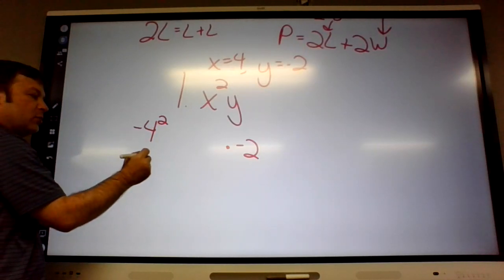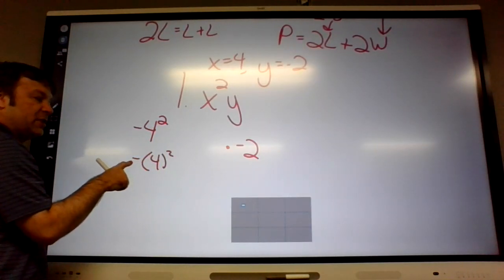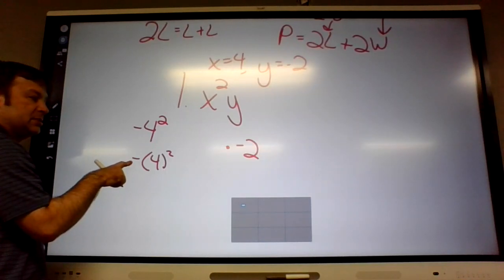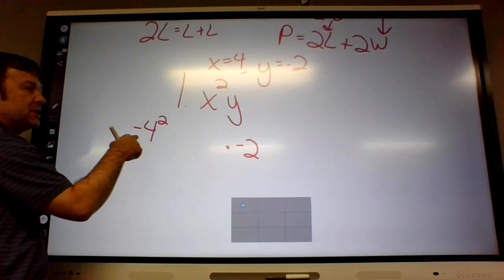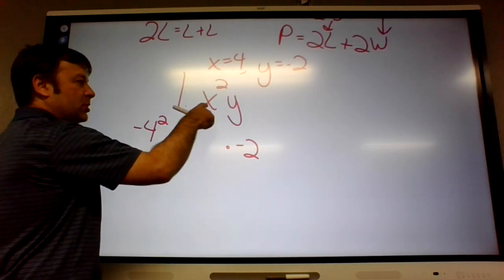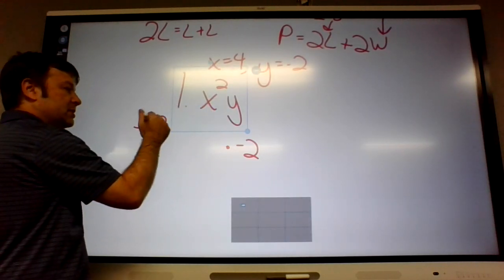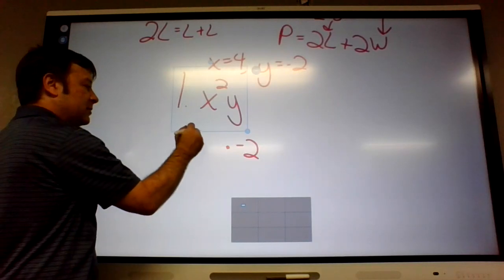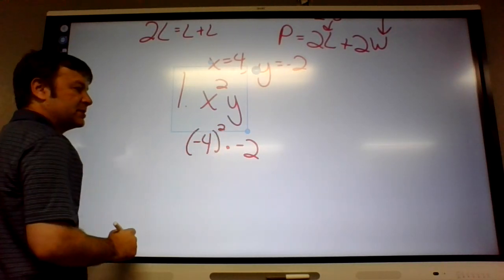It squares the 4, and then it adds the negative on after that. So this is actually negative 16. But when you're squaring x, you want to square all of x, including the negative. So if you type it in the calculator, it should look like this.